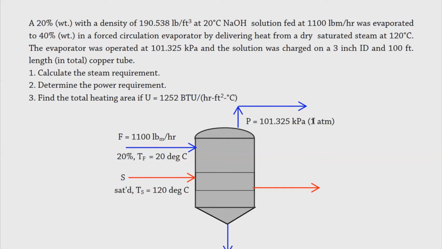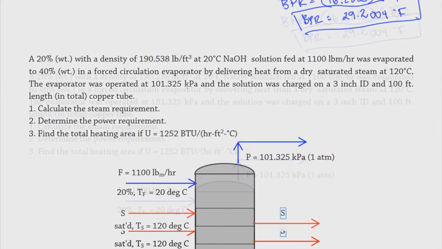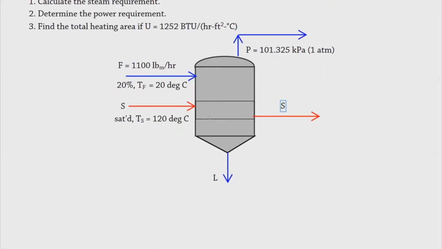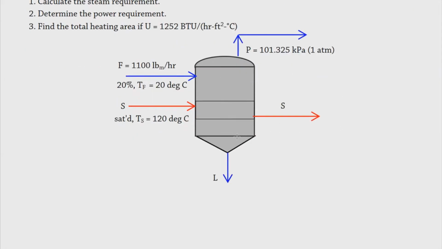First things first, we need to calculate the steam requirement. To do that, we first do the material balance, and then we could calculate the heat requirement. We start with the overall material balance.